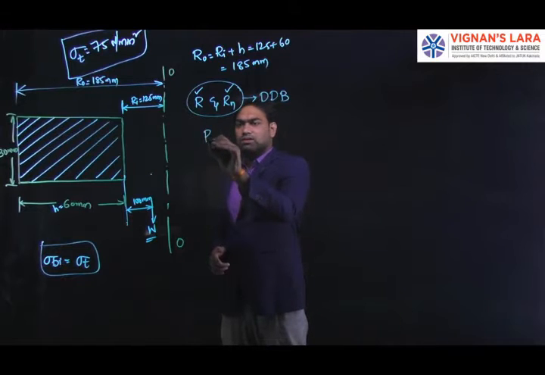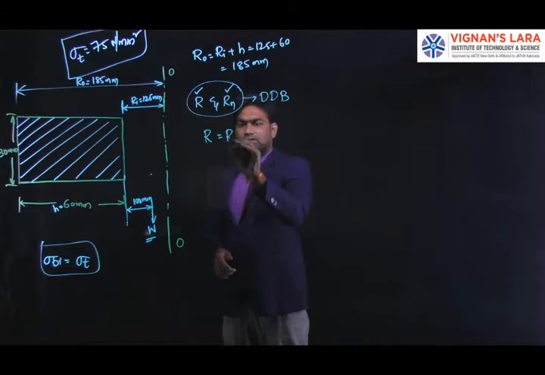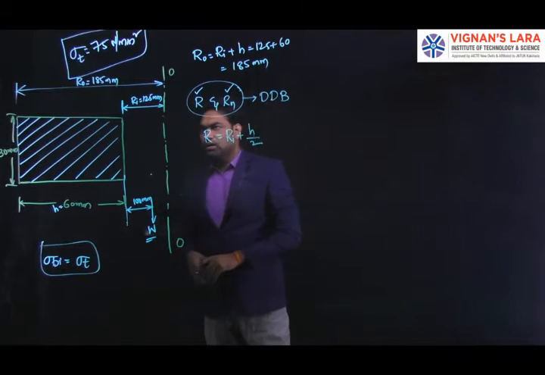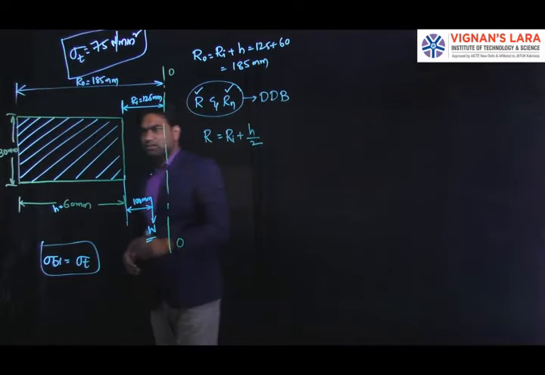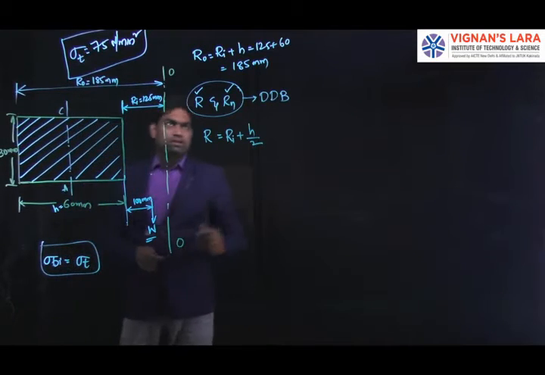For the radius of curvature to the centroidal axis, R is given by Ri plus H by 2. Why? Because it is a rectangular cross section, the centroidal axis lies at the center of the cross section. Clear? So Ri plus H by 2.